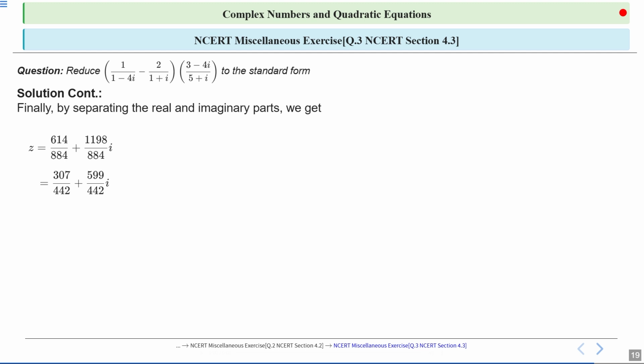Next, let's simplify further. We get z equals 307 divided by 442 plus 599 divided by 442 times iota. Therefore, our final answer in standard form is z equals 307 divided by 442 plus 599 divided by 442 times iota. So this shows the real part is 307 divided by 442 and the imaginary part is 599 divided by 442.